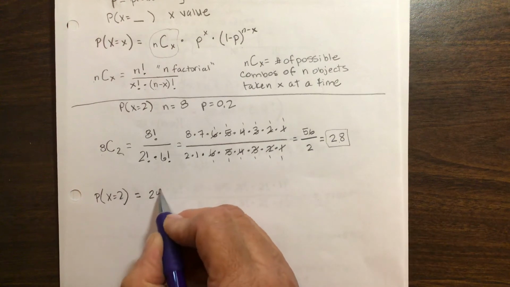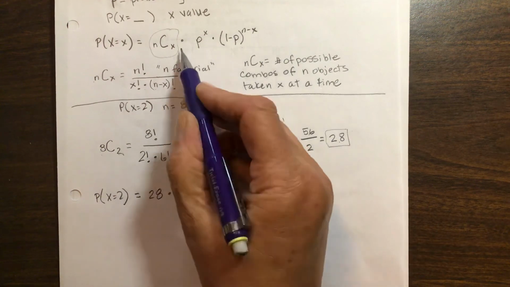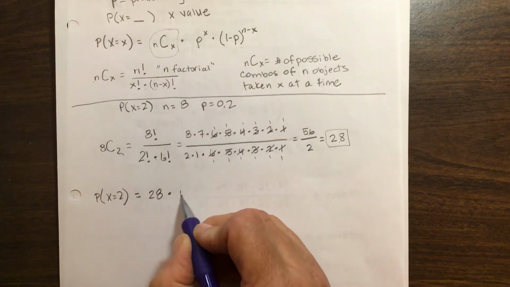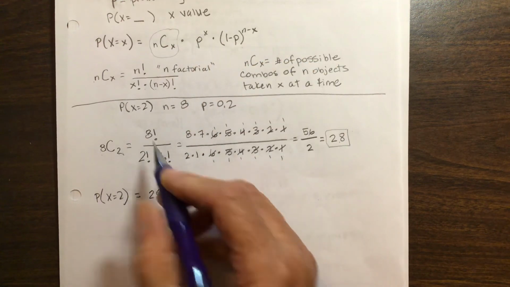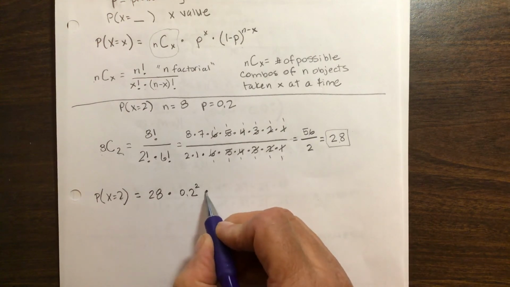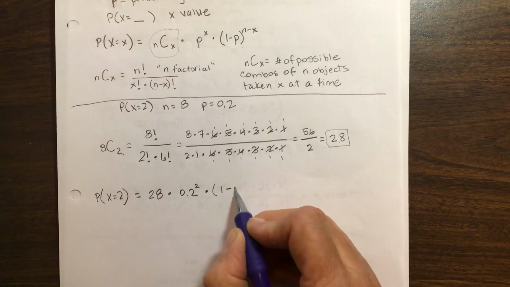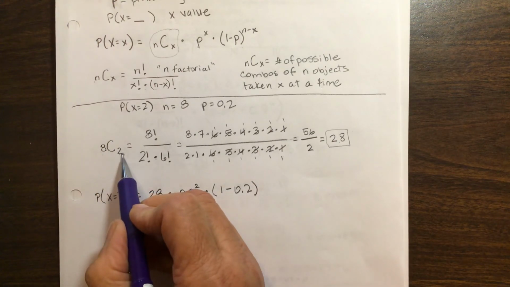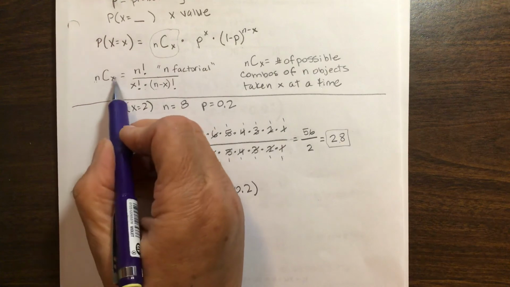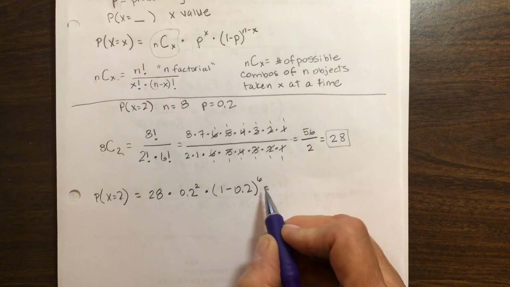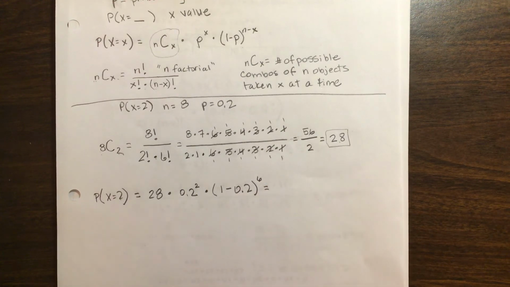So that's going to be 28 times P to the x, so P to the x, also here, times 1 minus P to the n minus x, so 6. Okay, and then you're just going to calculate this out.